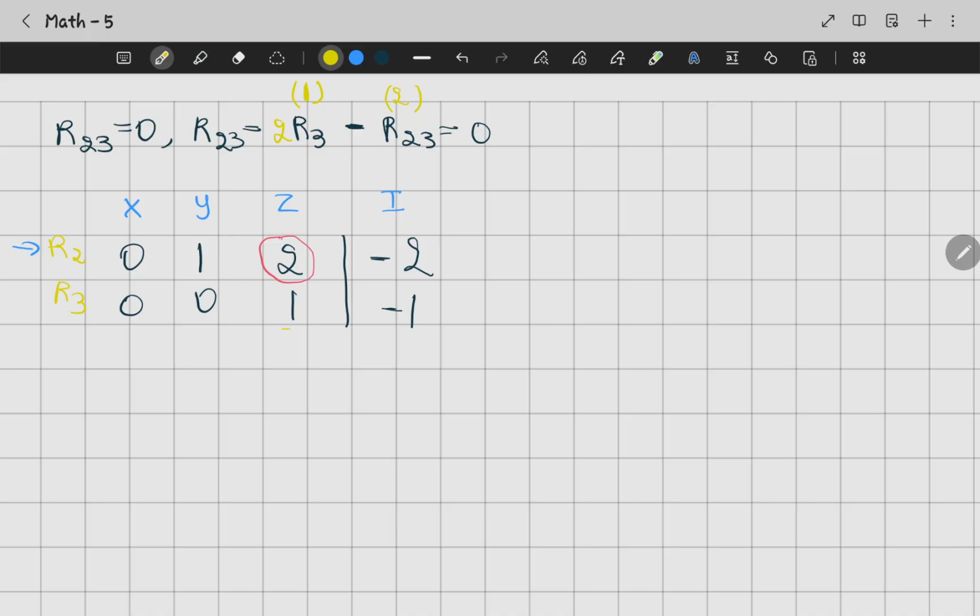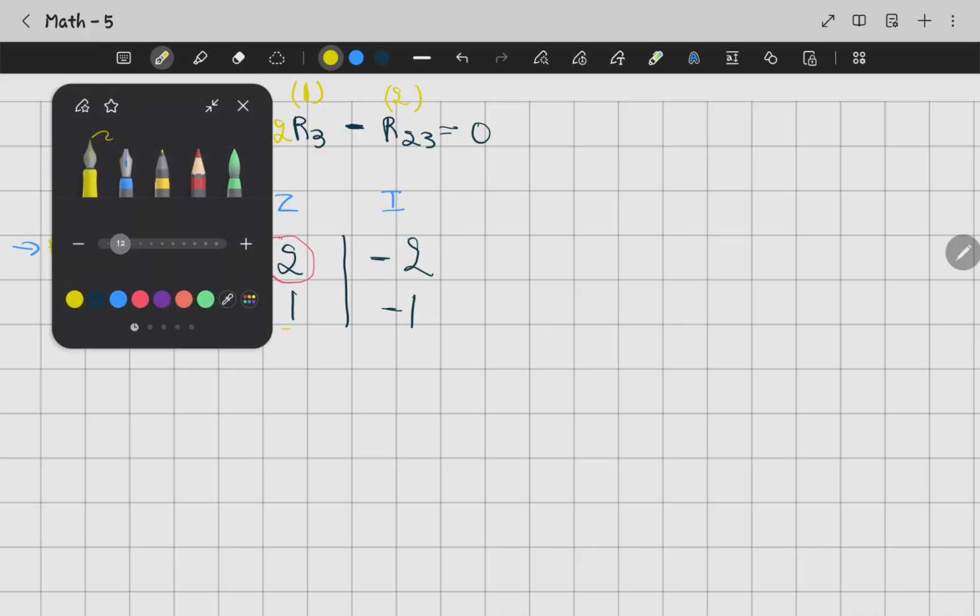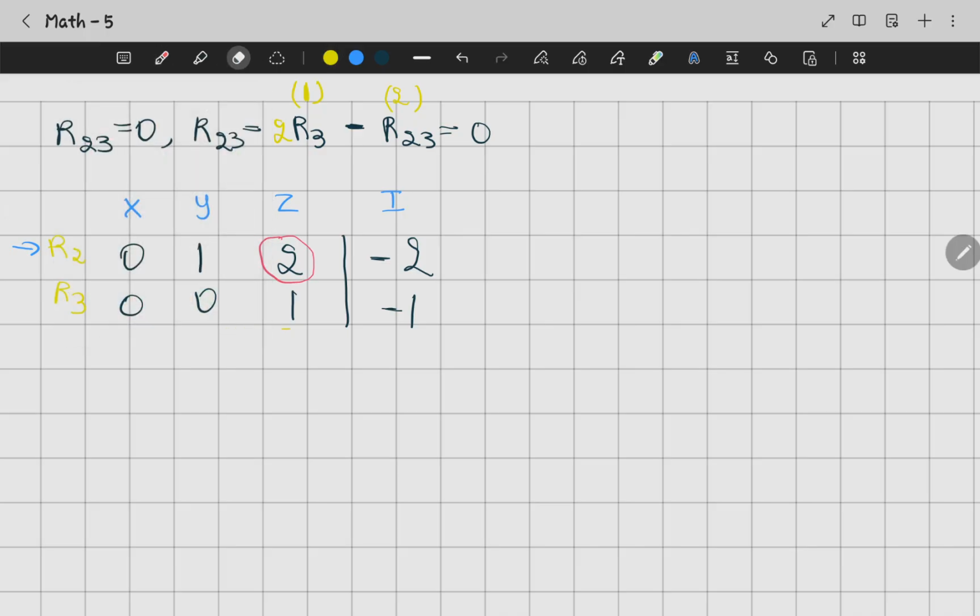This is what I just did. Meaning, if I apply it here, the new row 2 will be the negative of row 2, and then row 3 times 2.